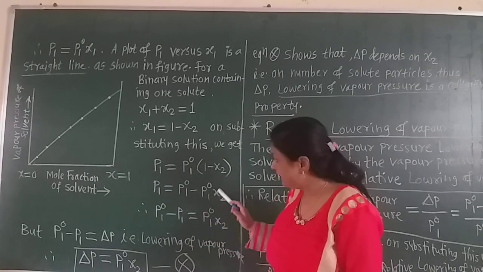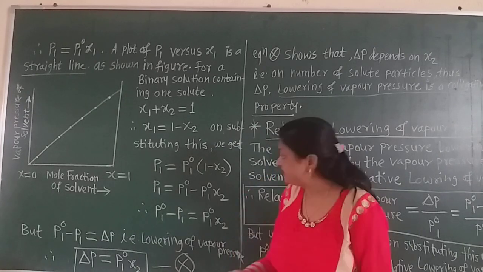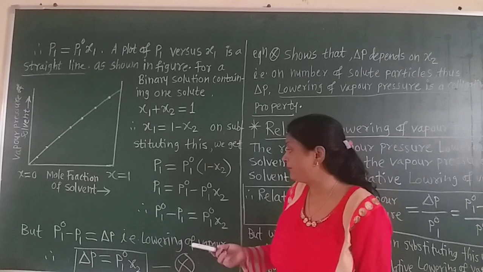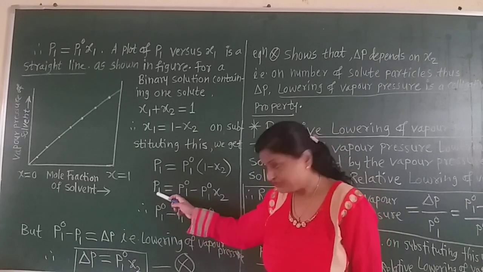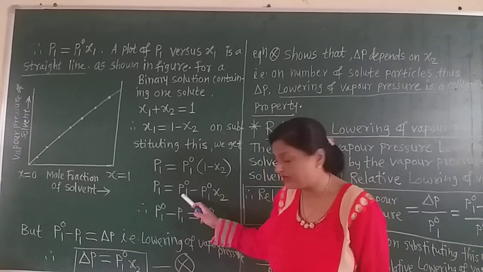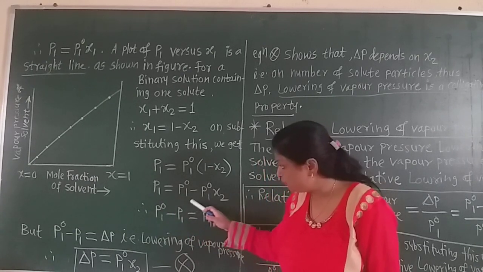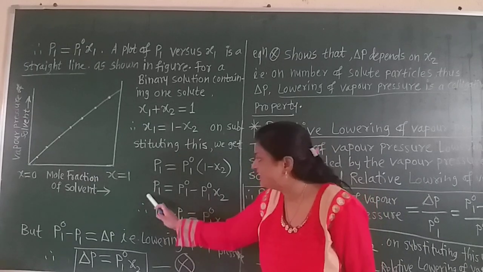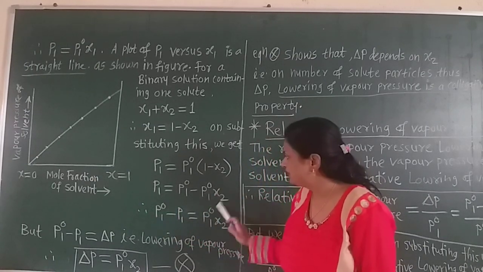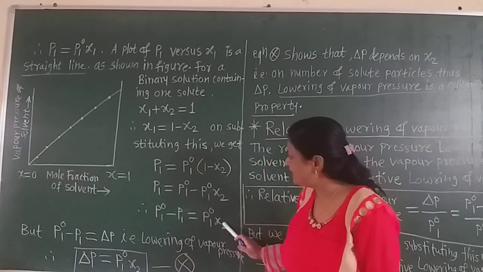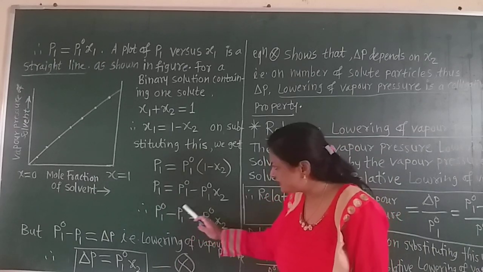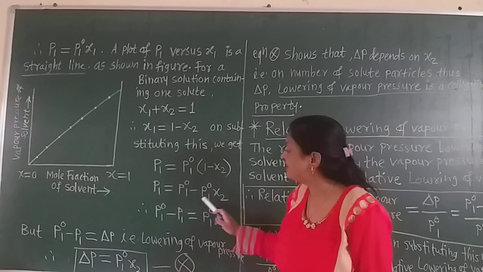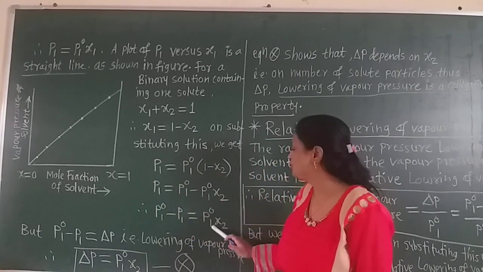Now, to calculate delta P, the lowering of vapor pressure, we subtract P1 from P01. Taking P1 to one side and P01 X2 to the other side, it becomes positive. So P01 minus P1 is equal to P01 X2.